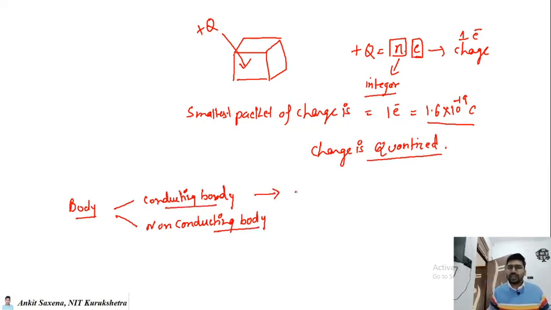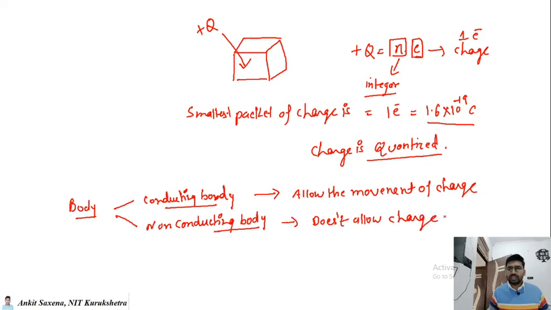A conducting body allows the movement of charge, but the non-conducting body does not allow the charge movement. I am explaining this by taking a suitable example.